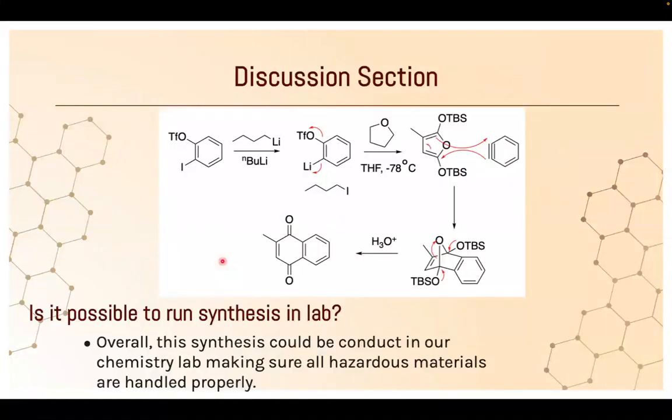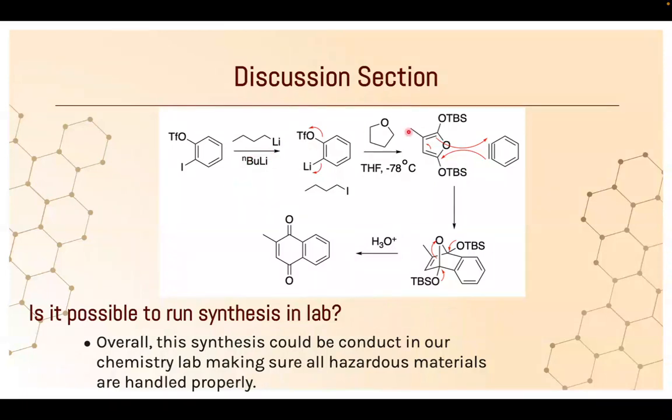So here we have the mechanism for the reaction that took place. We have n-butyllithium being added first, and this is the transmetallation reaction where iodine is replaced by lithium.